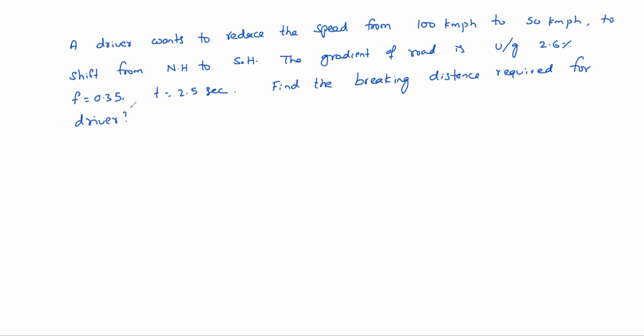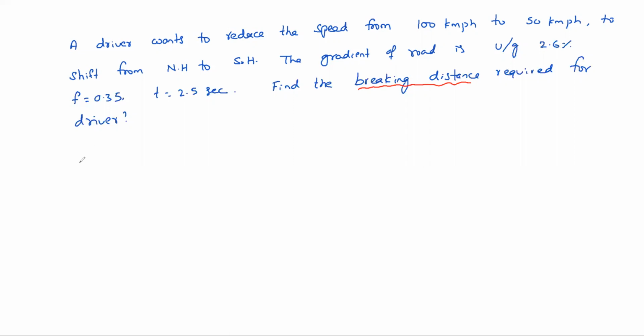See, you should be very careful about what the question is asking. The question is asking only for the braking distance, right? So for braking distance, don't add the lag distance here. Even though he has given T equal to 2.5 seconds, the reaction time is immaterial for us, because we need only the braking distance.